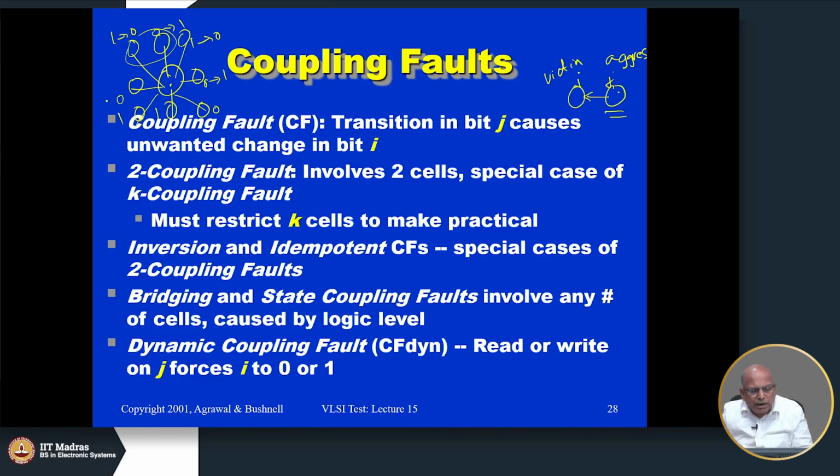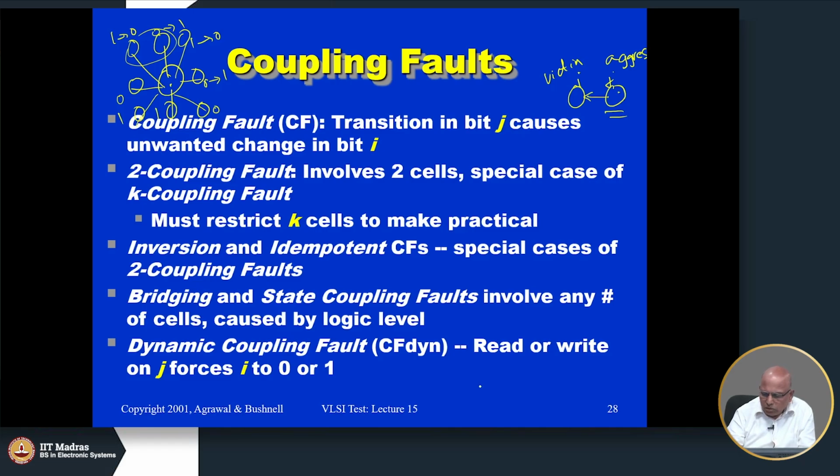That particular pattern may cause something to happen in j, that is this cell. So, it can be very complicated. That is called a pattern sensitive fault. How the victim behaves is dependent on what is happening in the neighborhood, and there can be so many situations. Think about it.